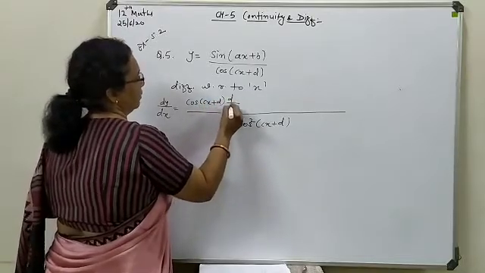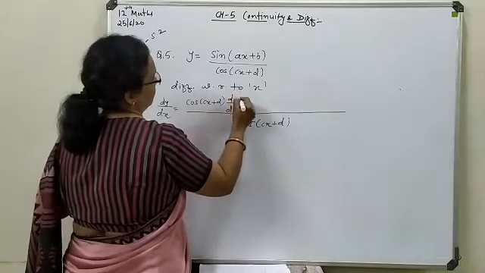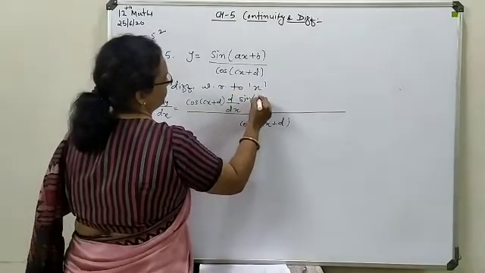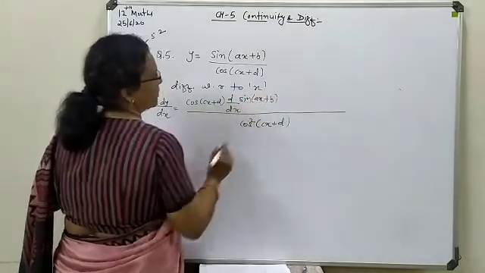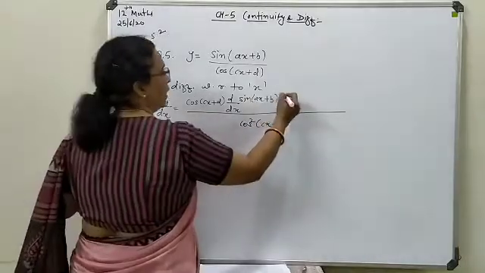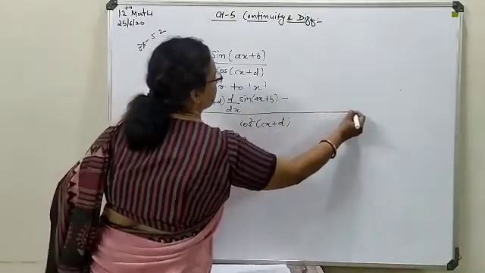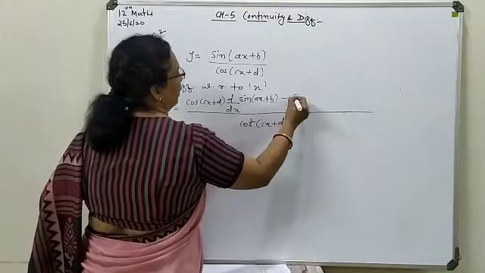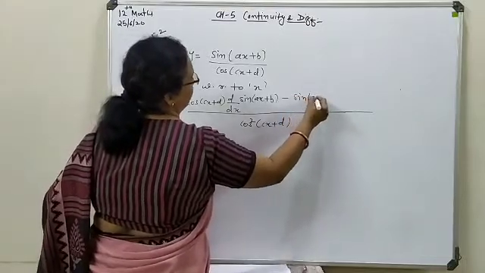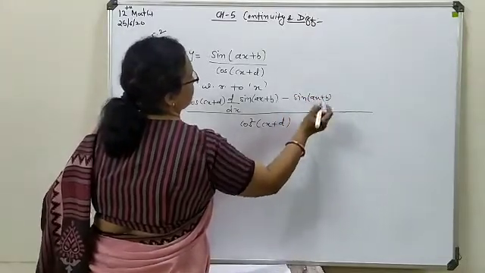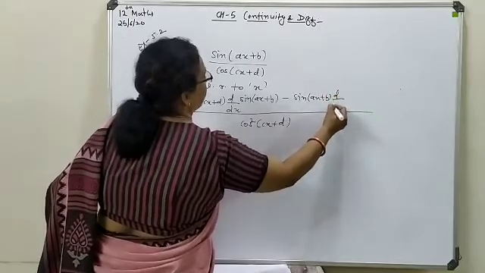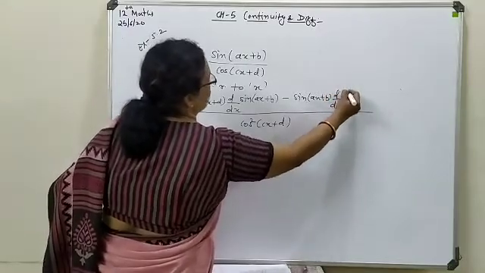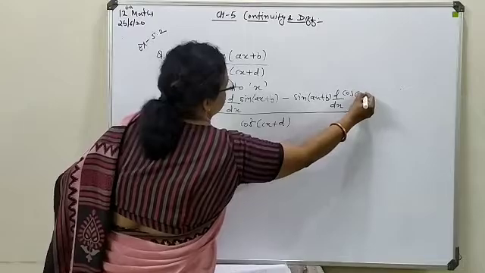Here you will write the differentiation of this numerator term, that is sin(ax + b). In between, minus is compulsory. Again you will write sin(ax + b) at the first position, followed by the derivation of this denominator term.